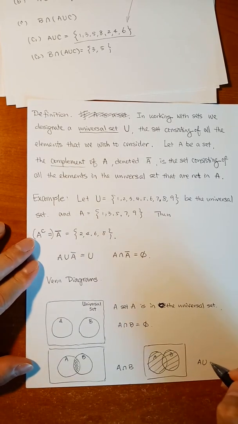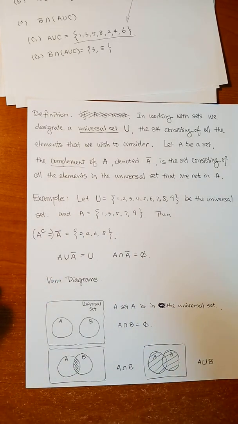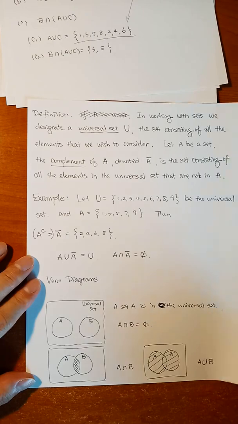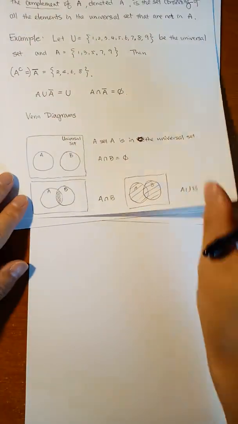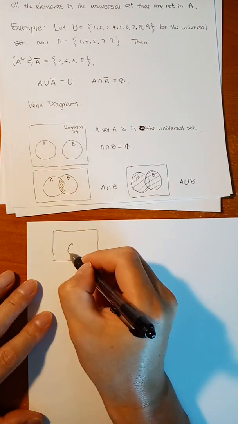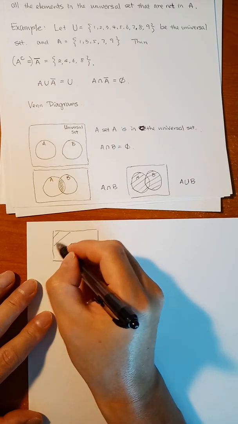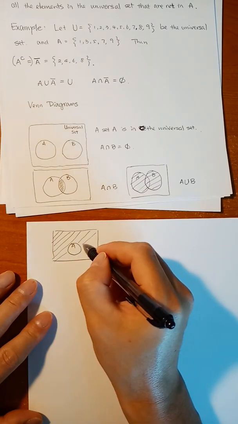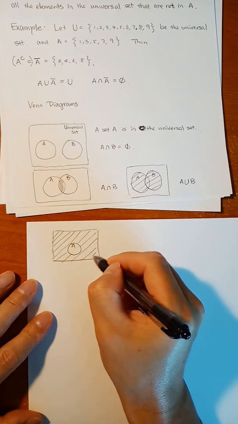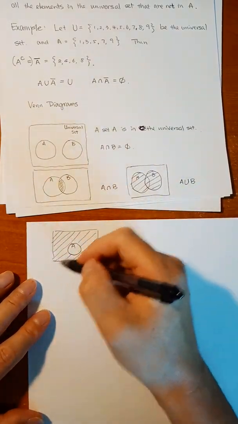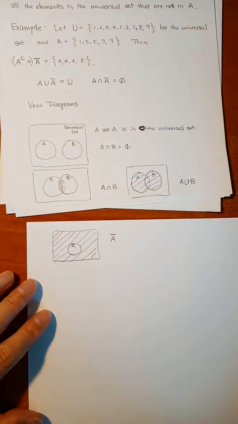So this is A union B. This is A intersect B, A union B. And the other one, if this is A, then this part, what is this? This is the complement of A. It's inside the universal set, but not inside A. So this is the complement of A. It's a Venn diagram.